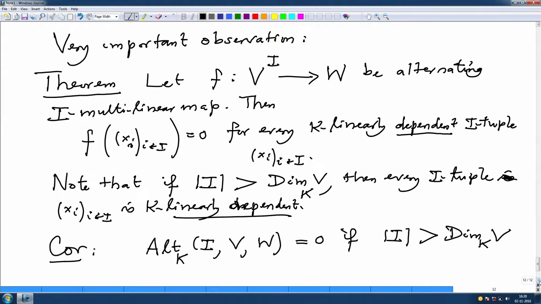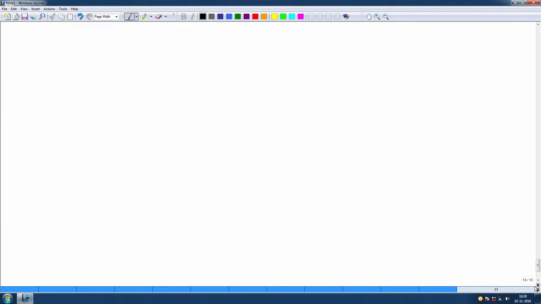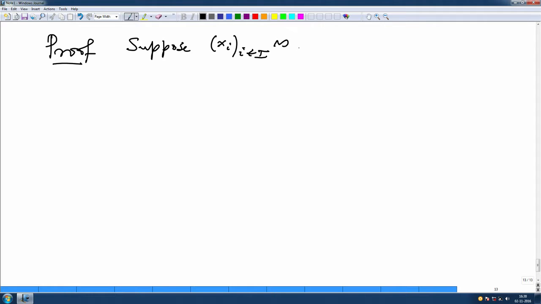So, we have to prove that f vanishes on a linearly dependent tuple. Proof. Suppose xi, i in I, is linearly dependent over K. That means there is a linear dependence relation.